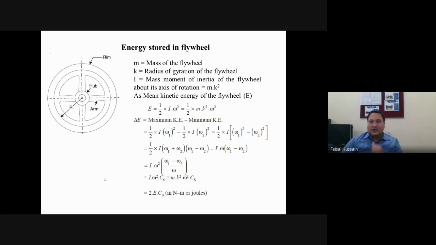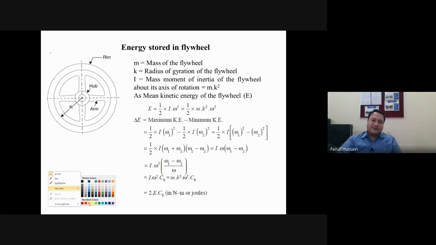Now, energy stored in the flywheel is an important derivation, and questions in GATE have been asked related to this derivation. If you know this derivation, you are capable enough to solve the related problems. So here we have to determine the expression for energy stored in the flywheel.